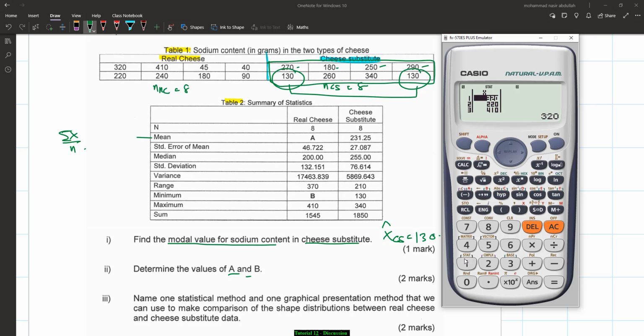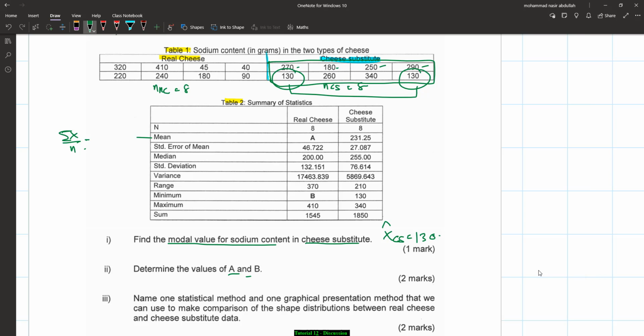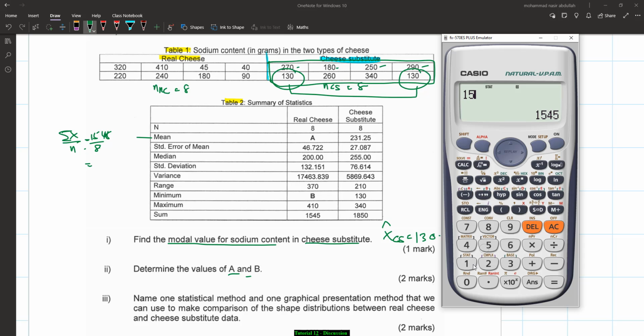So mean should be summation, sorry. So this one kita kena tekan AC dulu lah. It is shift 1, 3, 2. So this one is 1545. 1545 divided by 8 should be 193.125.